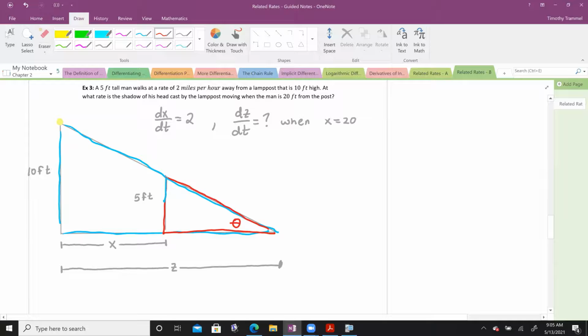In fact, they share all their angles. This is right, this is right, and this would be 90 minus theta, whatever that happens to be. Yeah, these are similar triangles. I'm going to get rid of all this mess here real quick, but that's what I wanted to point out, that we actually have similar triangles here.